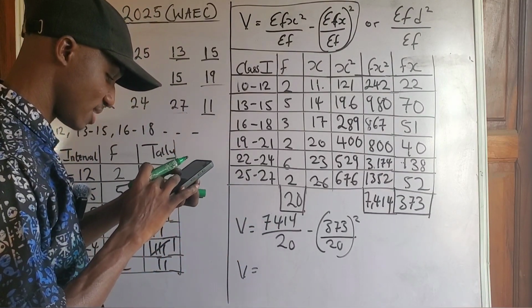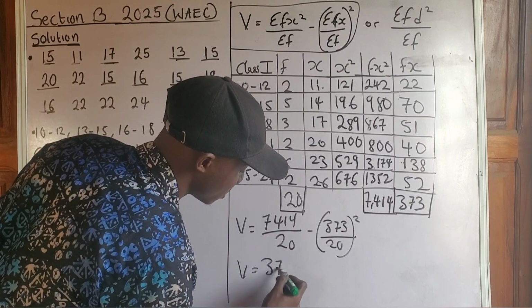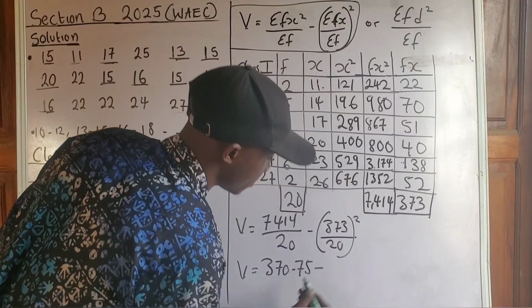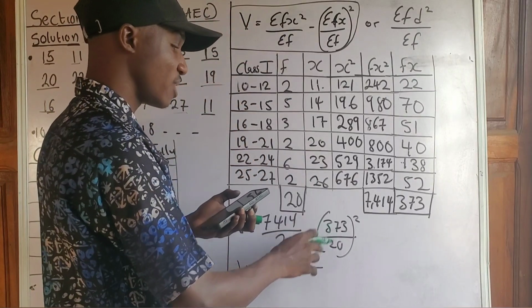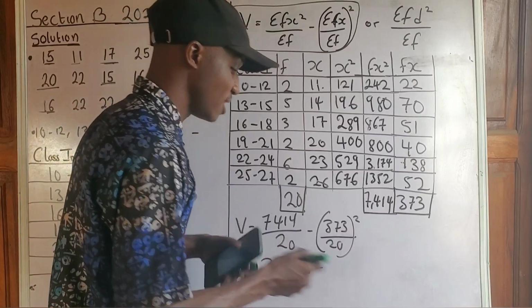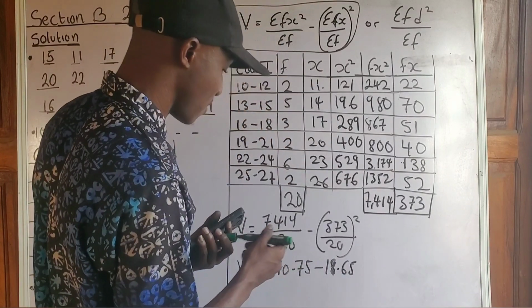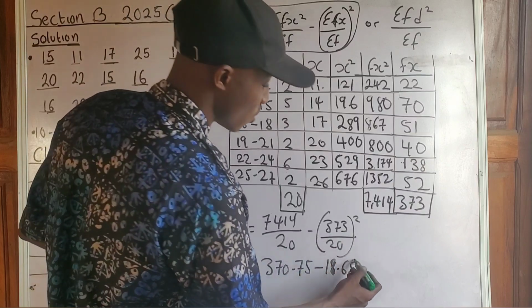Okay. So the variance here is equal to 7,414 divided by 20. That is 370.7. 370.7 minus 373 divided by 20. That is 18.65. Okay. Now, don't forget the square. So we still need to square this.